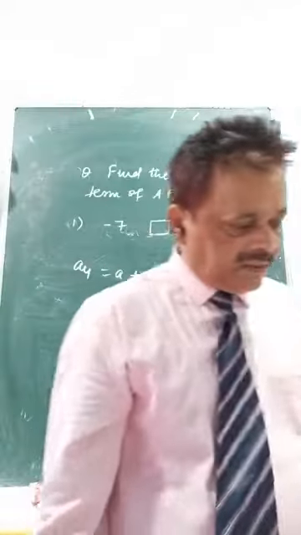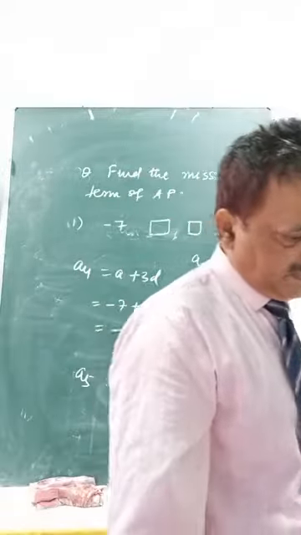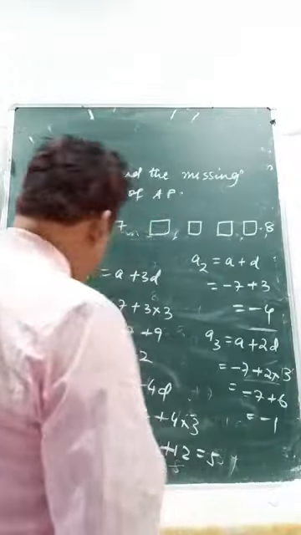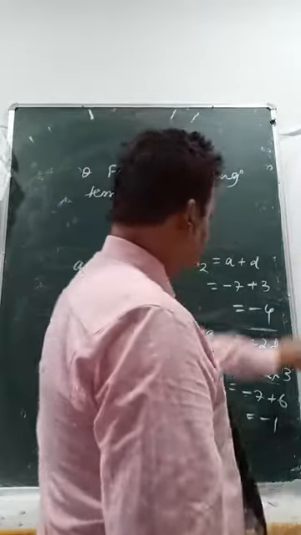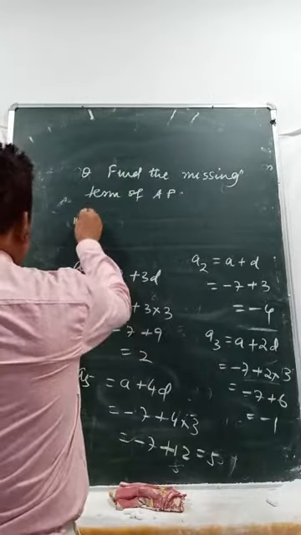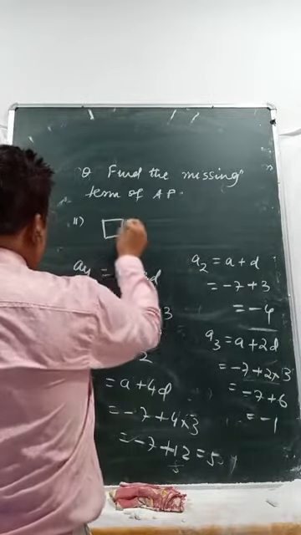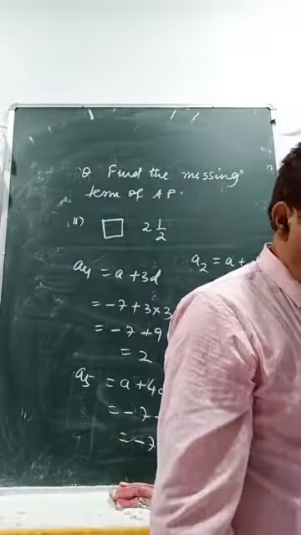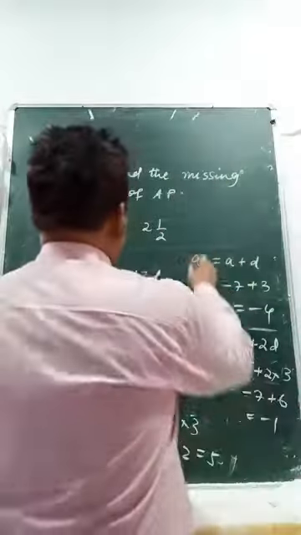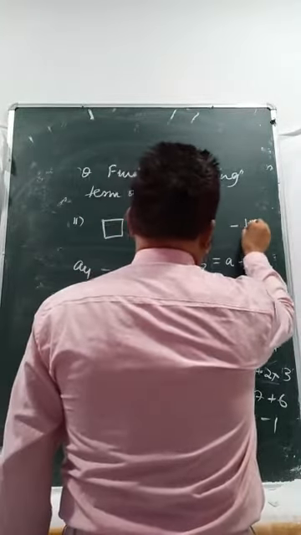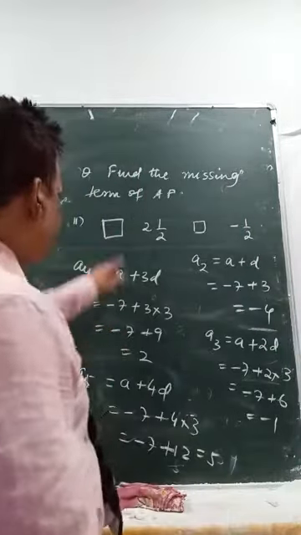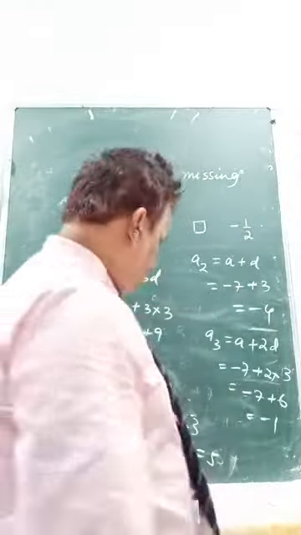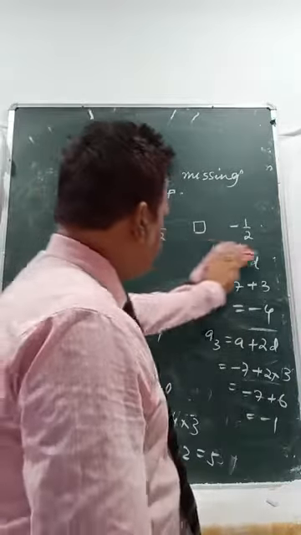Okay, let's take one more pattern. I'll take box, 2 and a half, box, minus half. Your first term is not given, your third term is not given. So what will you do? Let's see what is given to us.